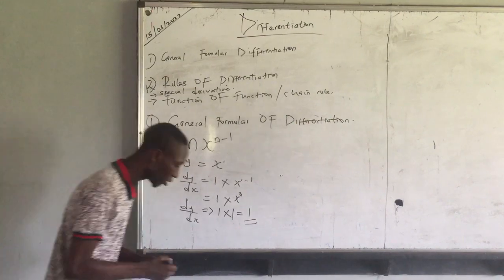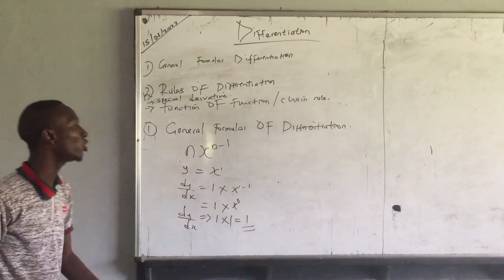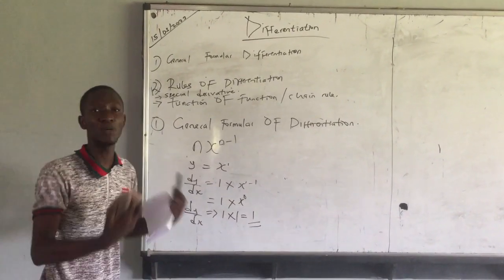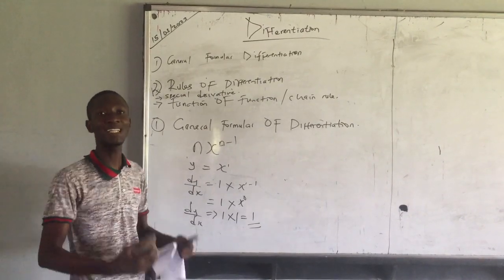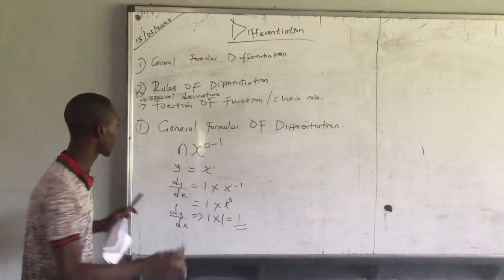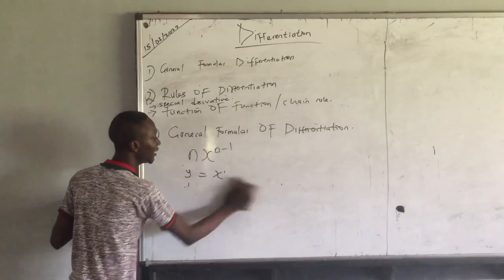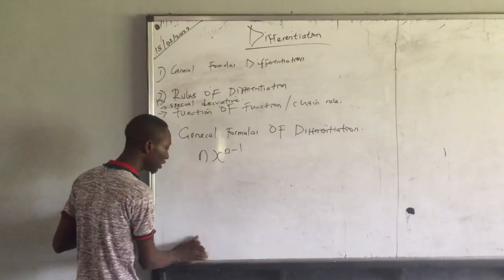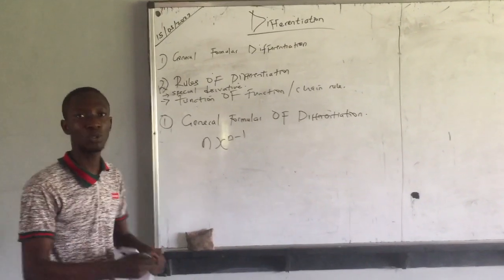So take note, when you are differentiating an ordinary letter, a variable, your answer is 1. And when you differentiate an ordinary number, your answer is 0.